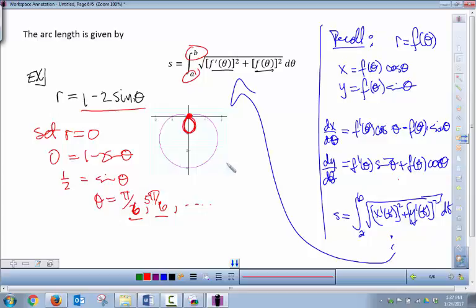The other way to do this is to graph the Cartesian coordinate version of r and theta. And if you remember the graph, I think we started here, we went up, and we went down, and then we went back up. So these two places, no, that's not right. I think it goes down first. So it goes down.